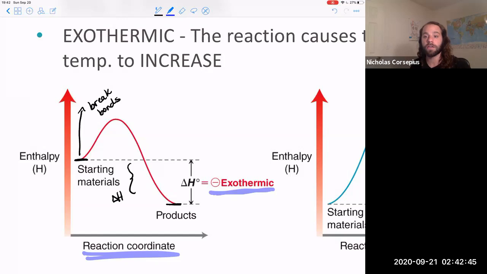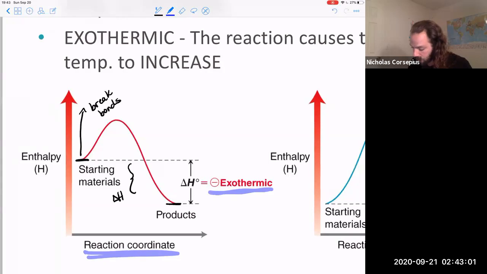Negative delta H, exothermic, that means that the bonds that are being formed were that much more stable than the bonds that you started out with, right? So breaking those bonds required some input of energy, but then when those new bonds formed, a lot more energy was released. So that's an exothermic reaction.